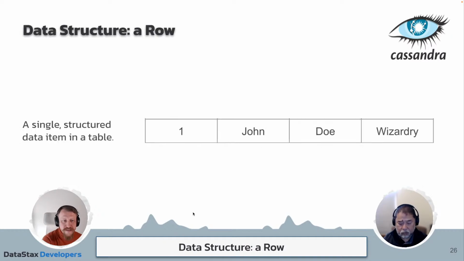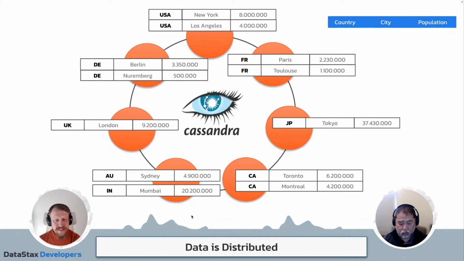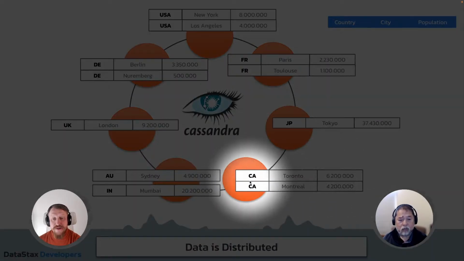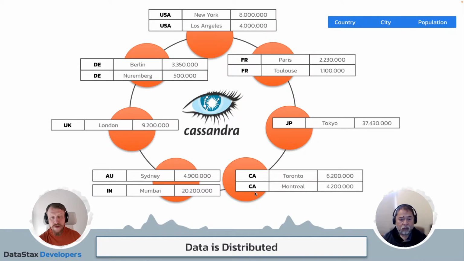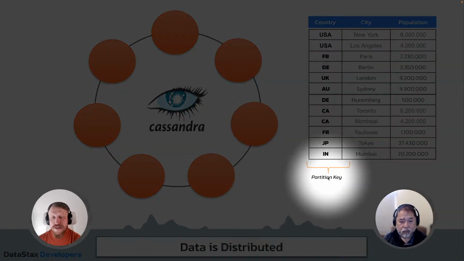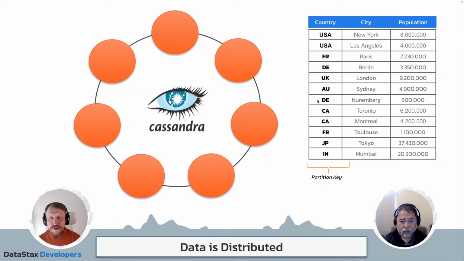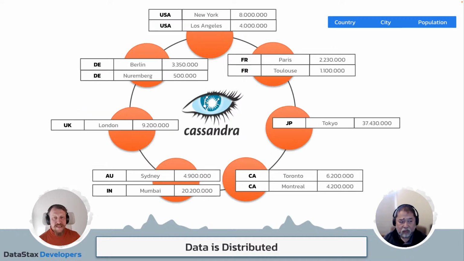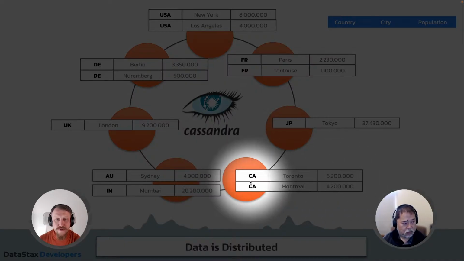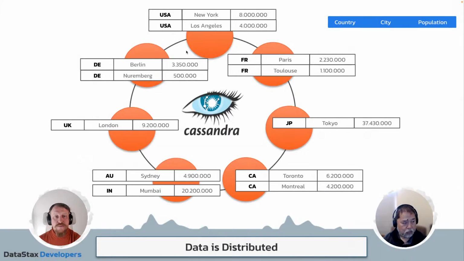Partitions are always stored together because they share the same partition key. For example, for this table, we made partitioning based on the country. That means cities of the same country will be stored together. As we see, for example, all cities of Canada will be stored together, or cities of the United States will be stored together, and so on and so forth. This keeps our database scalable.